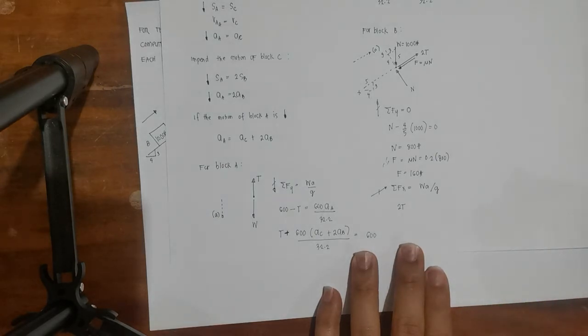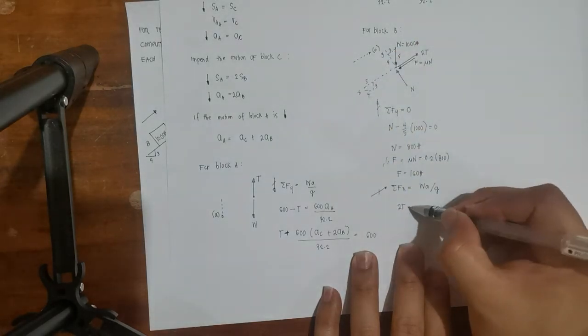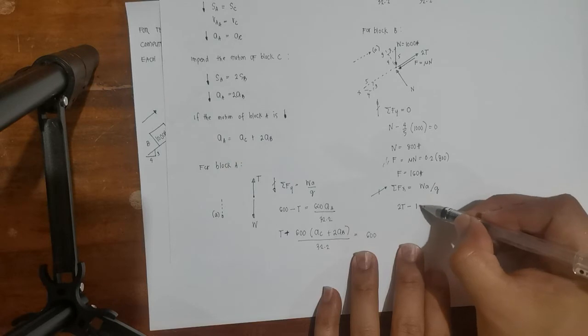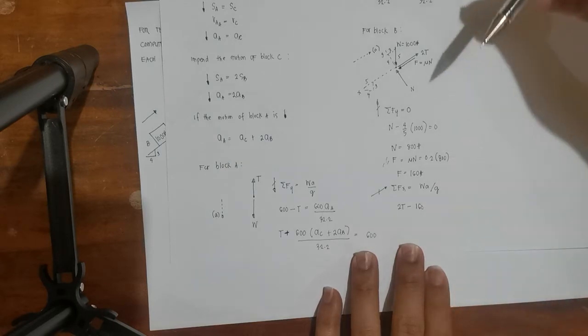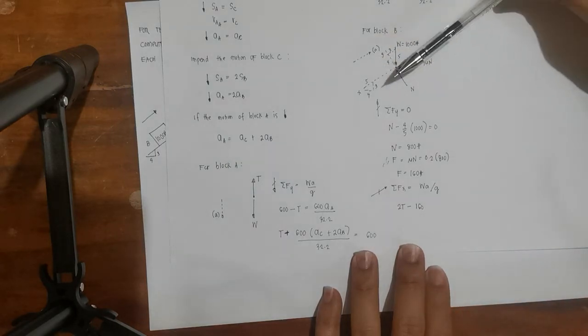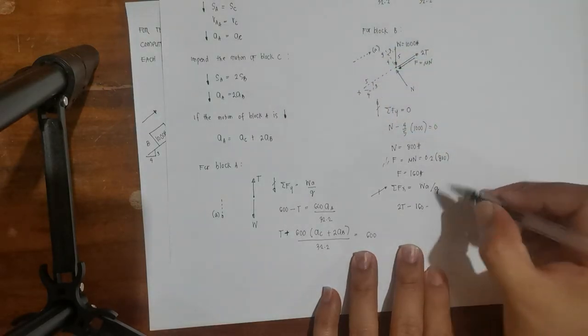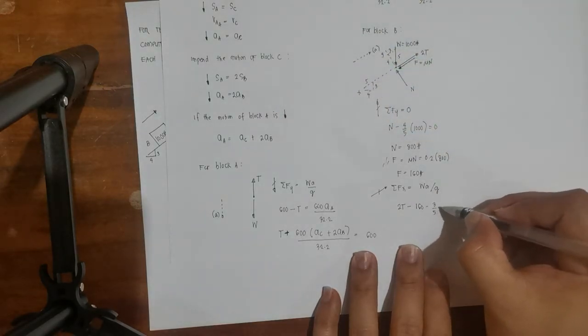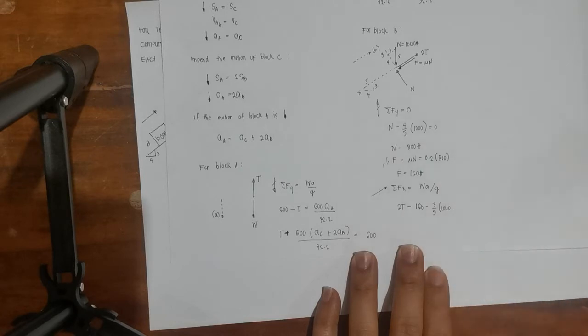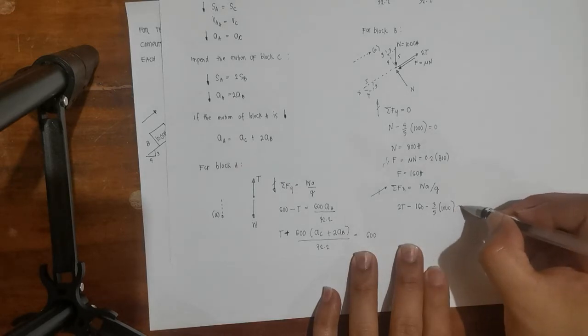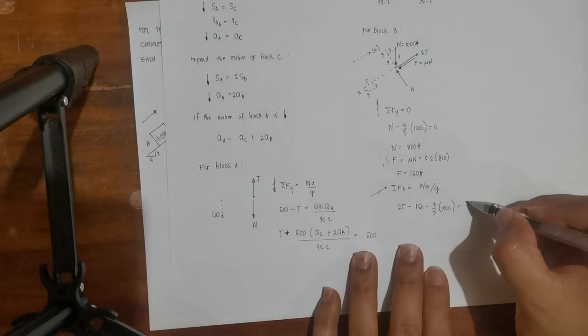And then, frictional force minus, ang frictional force ay 160. Yung X component ng ating weight dito, papunta dito, pababa. So, that is minus 3 over 5 of 1,000. Meron pa ba? Wala na. Equivalent to weight. The weight of the body is 1,000.